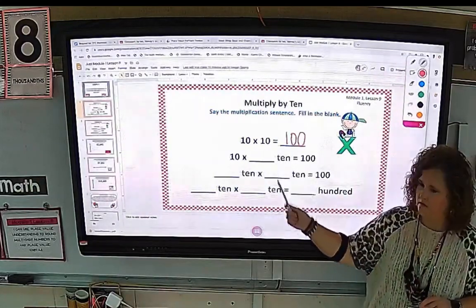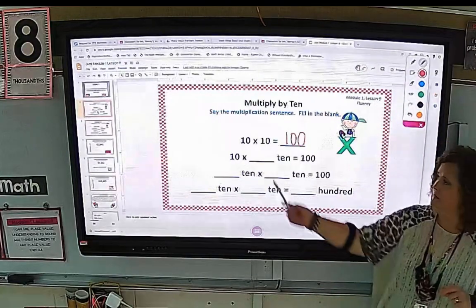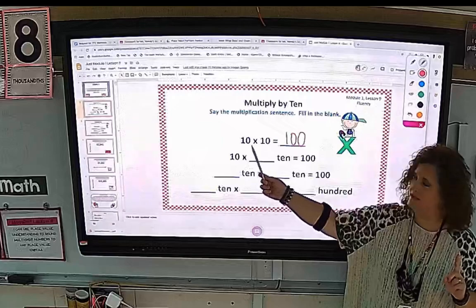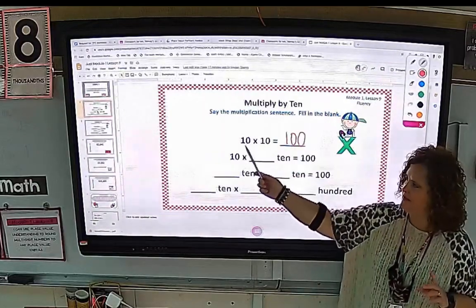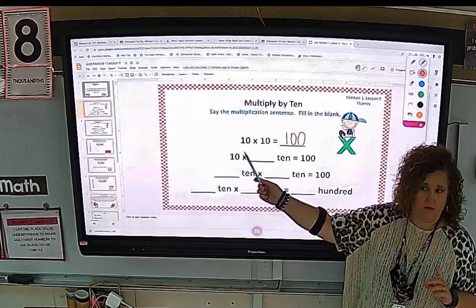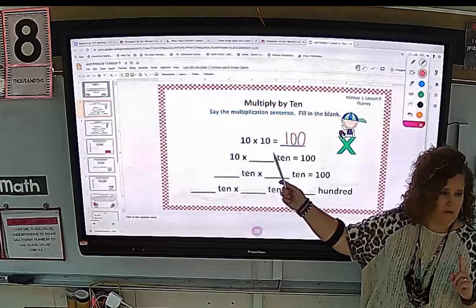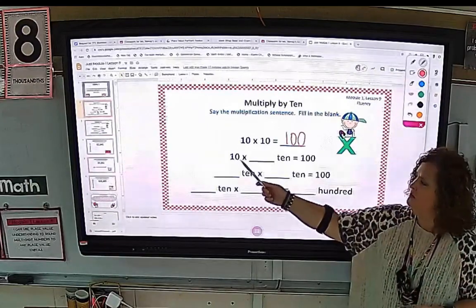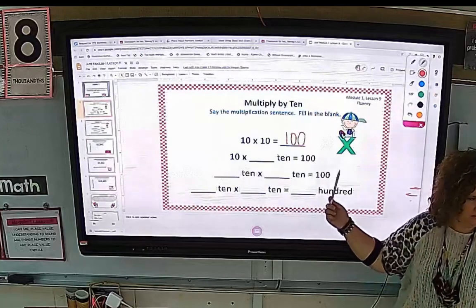Well, 10 tens is 1,000. Now, right here, y'all just told me 10 times 10 is 100, right? How many tens is this, everybody? How many tens is this? 1. 10 times how many tens is 100?